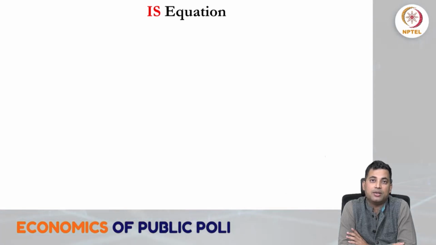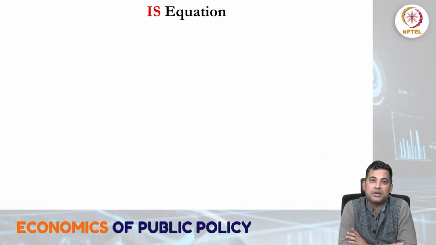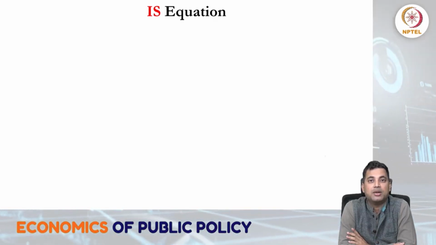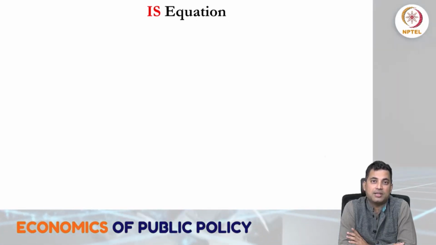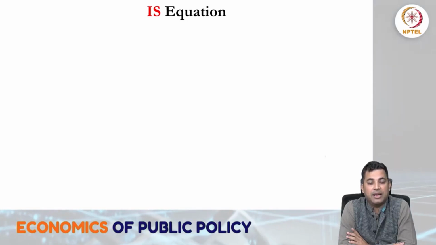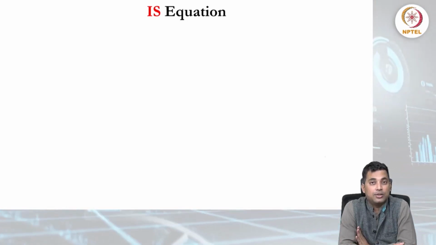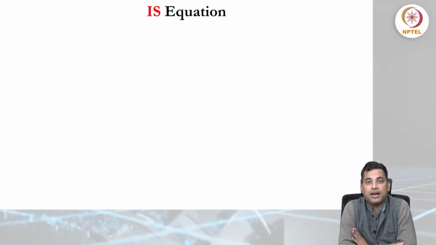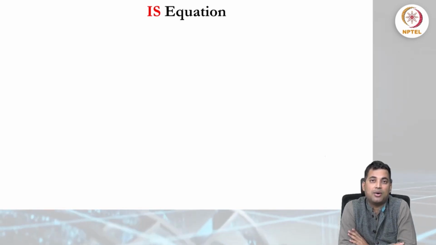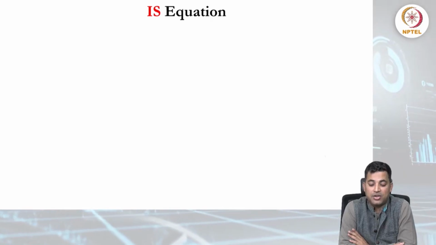From public policy's point of view, if the government wants to take any expansionary fiscal policy, either through spending more or reducing the tax, or a contractionary fiscal policy where government spending will be less and also increasing the taxes, we have to understand how the ICE equation and the ICE curve change.